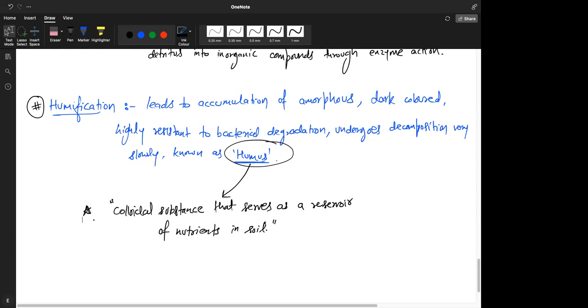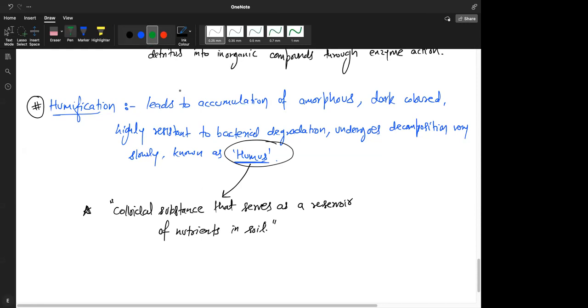Okay, everyone is clear till here? Yes, sir. Humus is resistant to bacterial degradation, but slowly it does degrade.